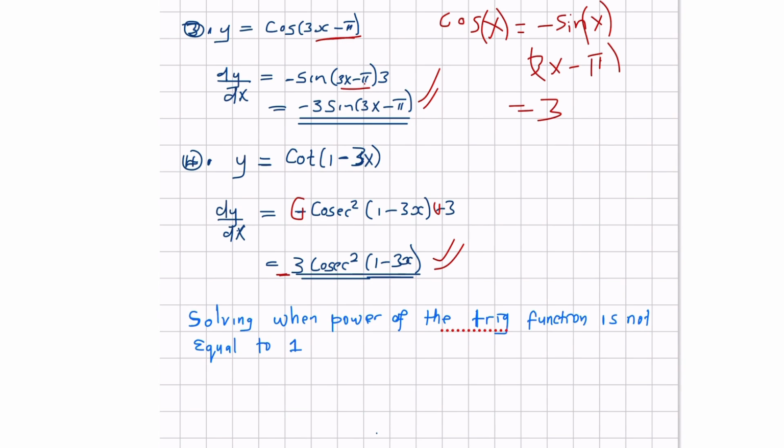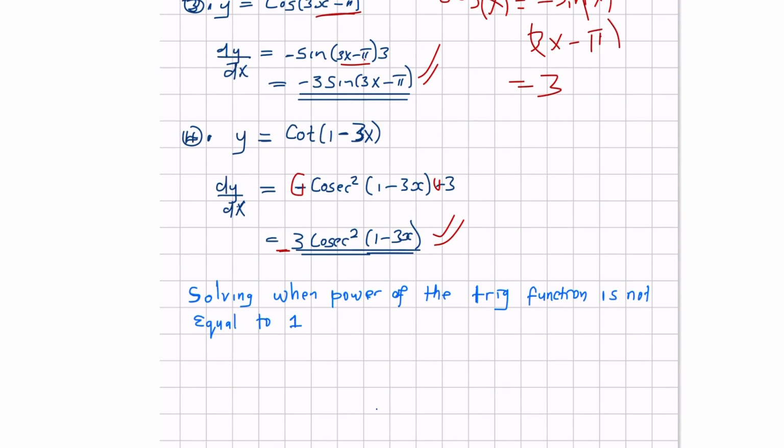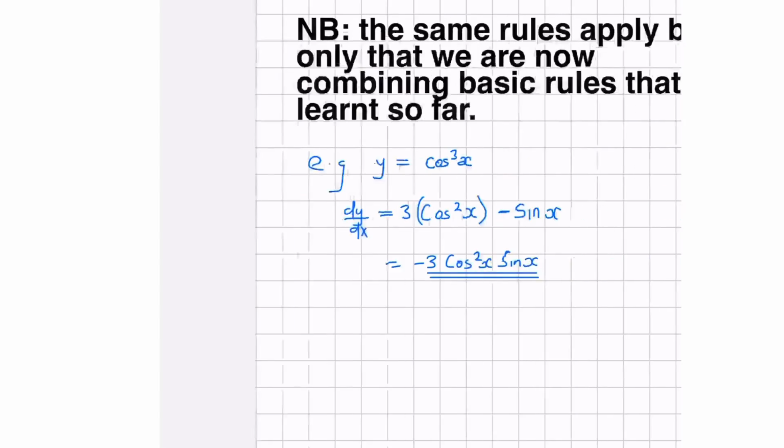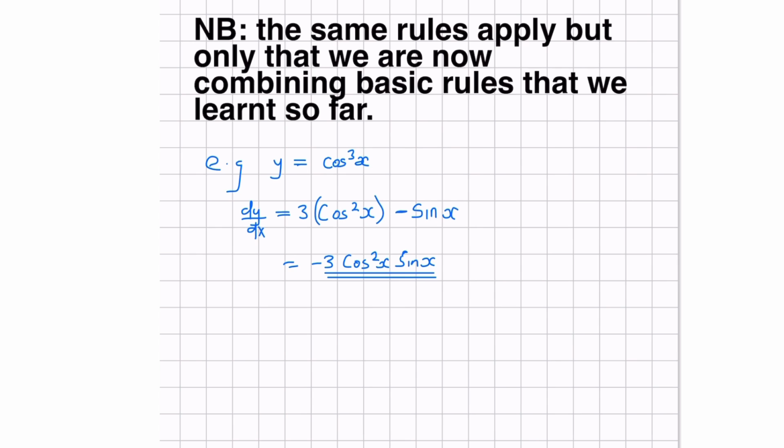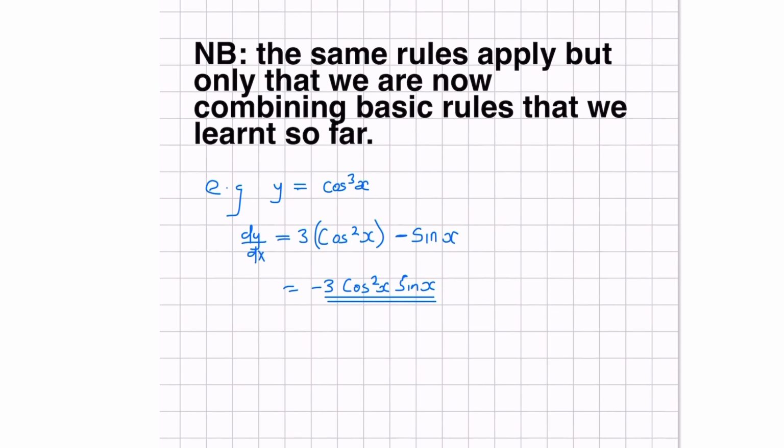So now we might also have trigonometric functions, right? Whereby the power of the trig function is not equal to 1. So remember, in all these previous examples, the power of the trig function was equal to 1, right? So how do we go about solving such a trigonometric function in terms of differentiating it?